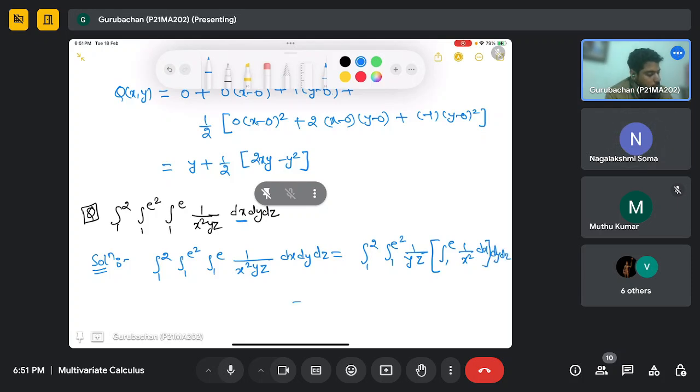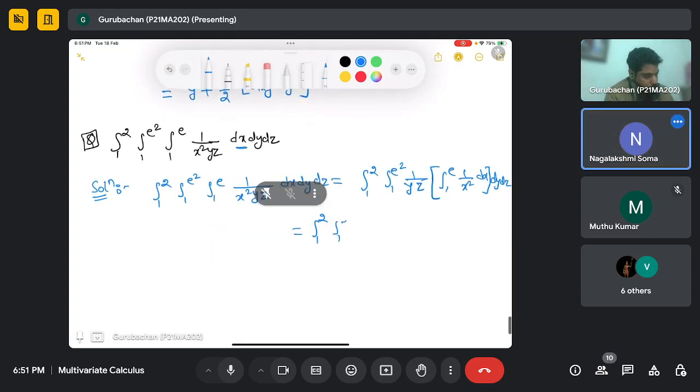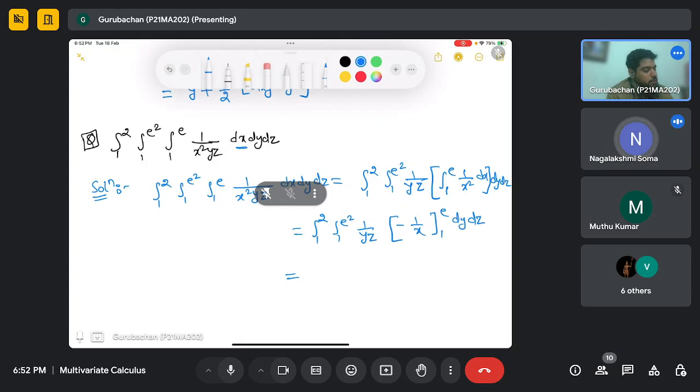So 1 to 2, 1 to e square, 1 by yz, this will be nothing but minus 1 by x, 1 to e, dy dz, 1 to 2, minus 1 by e minus minus 1 dy dz.